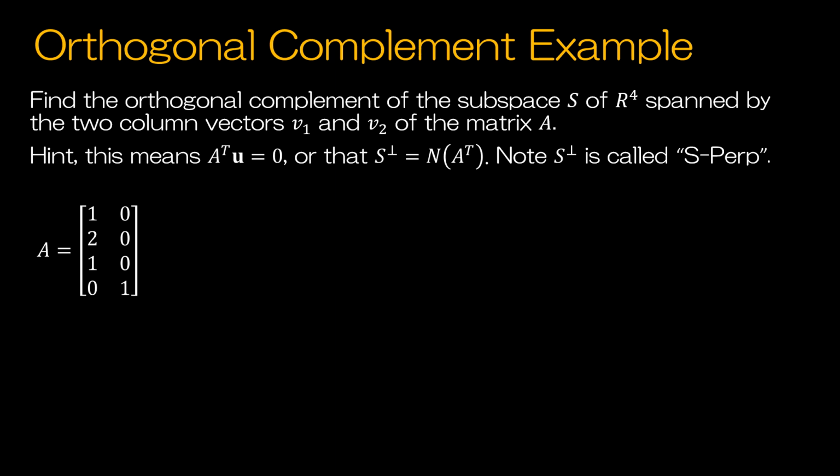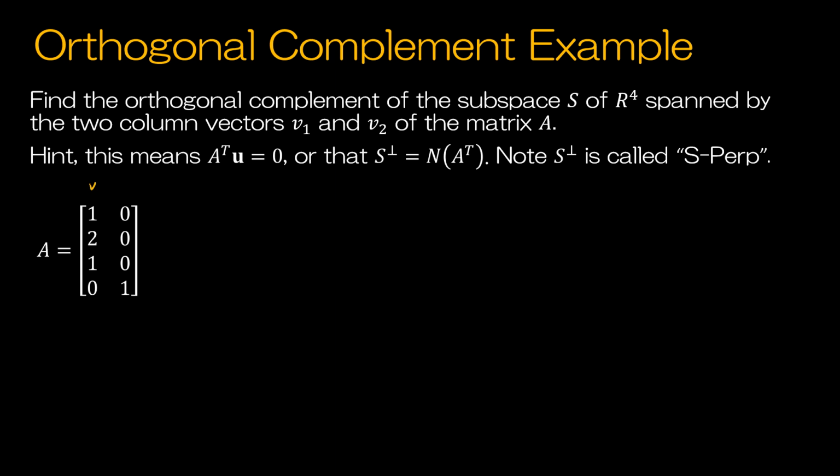Obviously, it's very easy to check whether or not two subspaces are orthogonal because we've already done that. We just checked whether the dot product was in fact equal to 0. It's a little bit harder, of course, to find the orthogonal complement, so that's what we're going to do now. We're going to find the orthogonal complement of the subspace S of R4 spanned by the two column vectors V1 and V2.